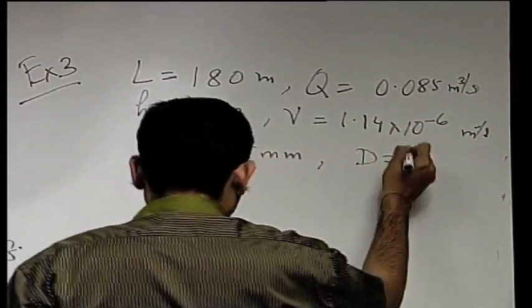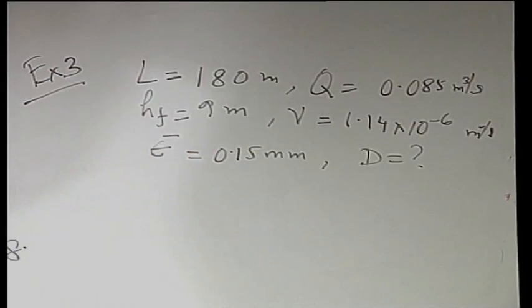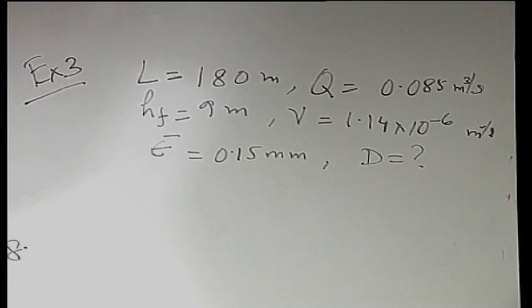So now the question is, what is the diameter of the pipe? So you can see that it depends on what is the known and what is the unknown, and the basis is the same. You have to use the Moody's diagram, but the strategy may be a bit different depending on what is known and what is unknown.